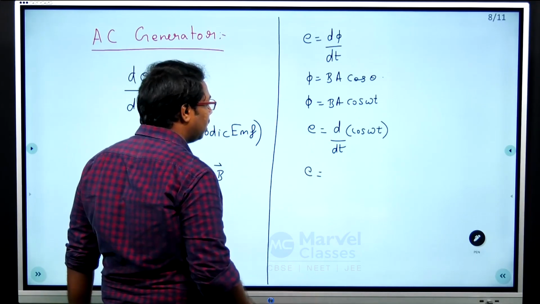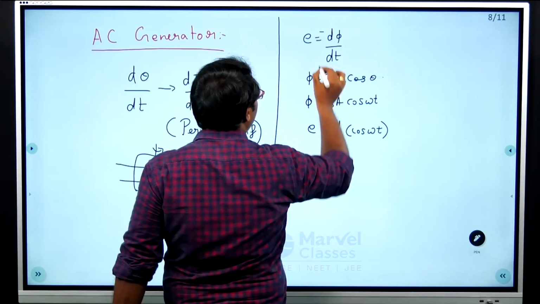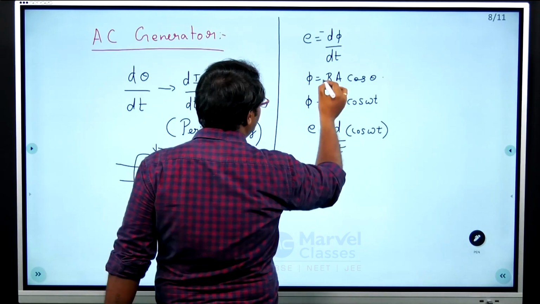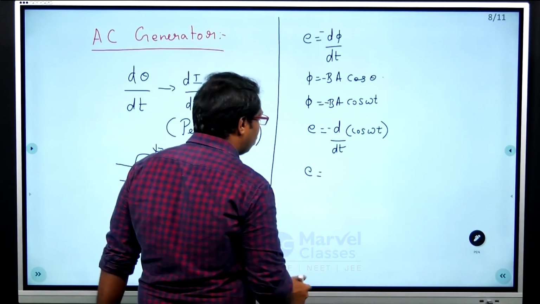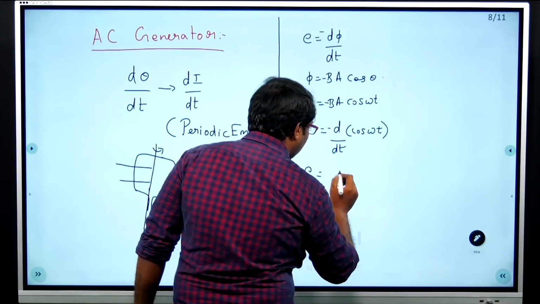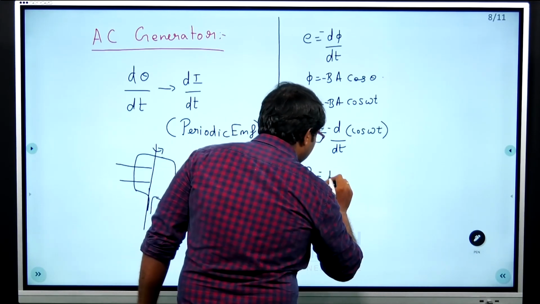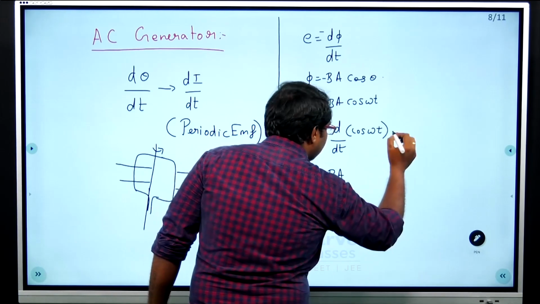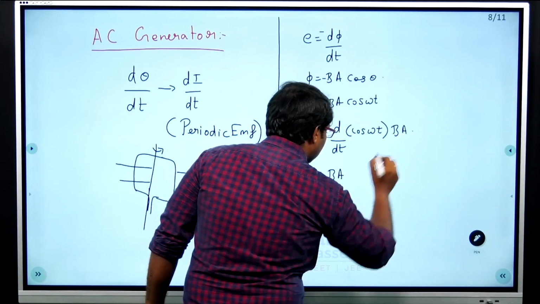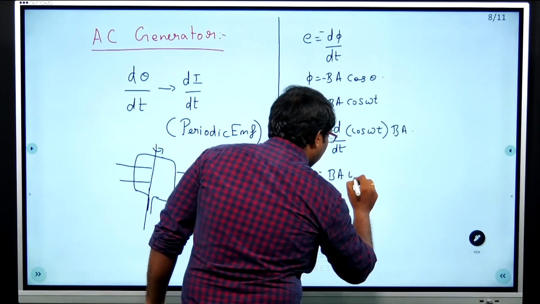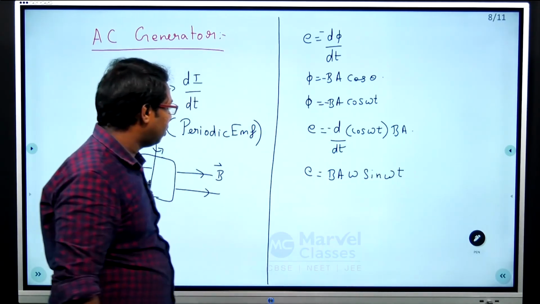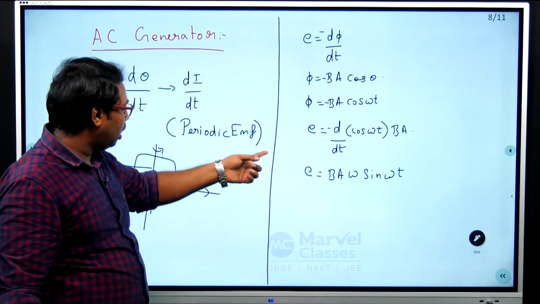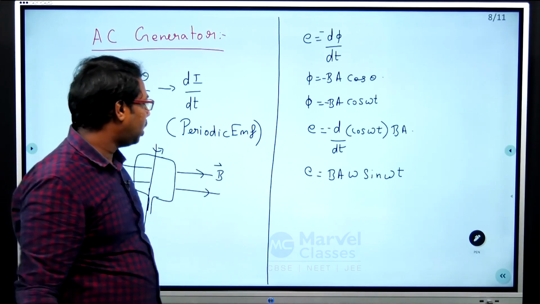Differentiation of cos is minus sin, but we already have a negative sign here due to Lenz's law. That negative sign will be taken over by this negative sign. So what you will be getting is B A omega sin omega t.